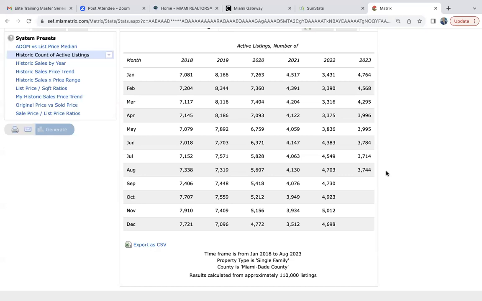I want to say the lowest point for active inventory, if you take a quick look at these numbers, was sometime in 2022, where we had 3,316 active listings. All right. We did increase our active listings almost to 5,000, or at 5,012 in November of last year. And then we started to experience once again a decrease in active listings. And this is for all of Miami-Dade County.